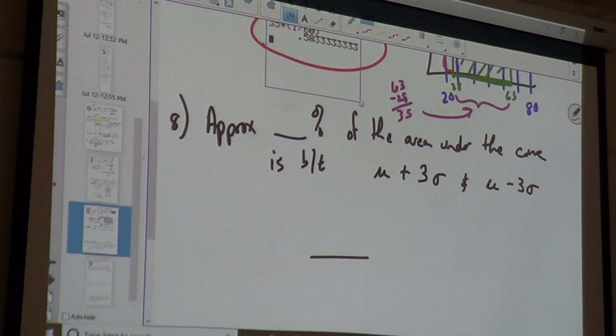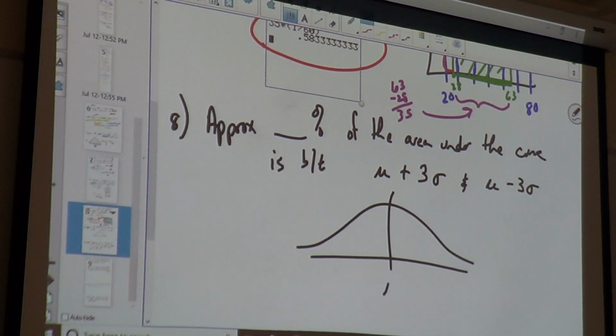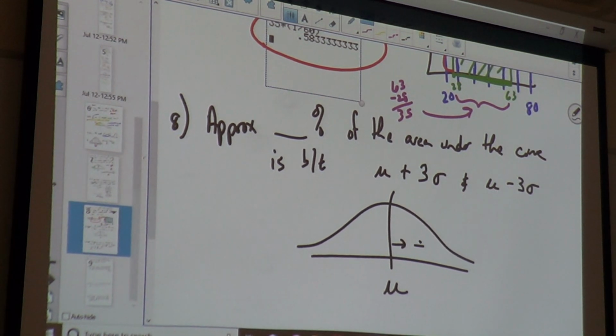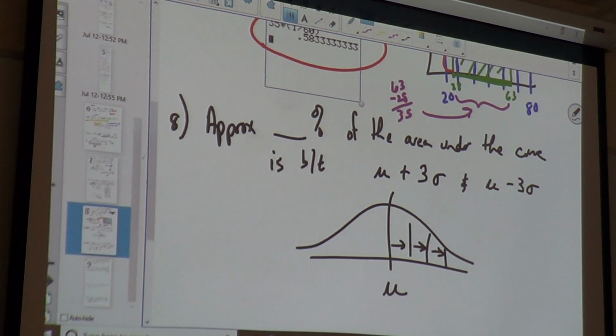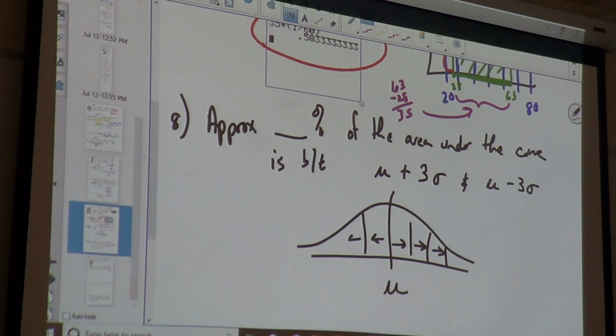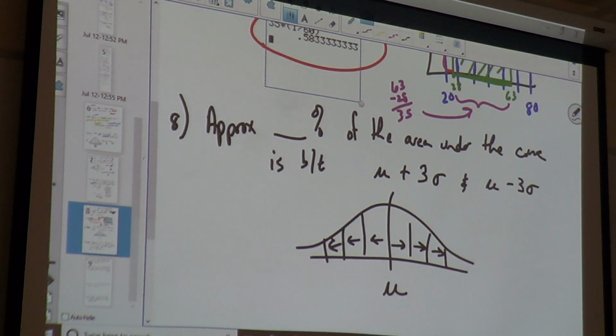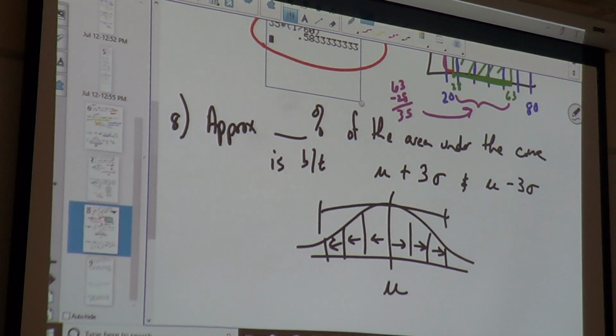So this is saying that I'm starting with the mean and I am adding, and I am subtracting. So if you are within 3 deviations, you are 99.7%.